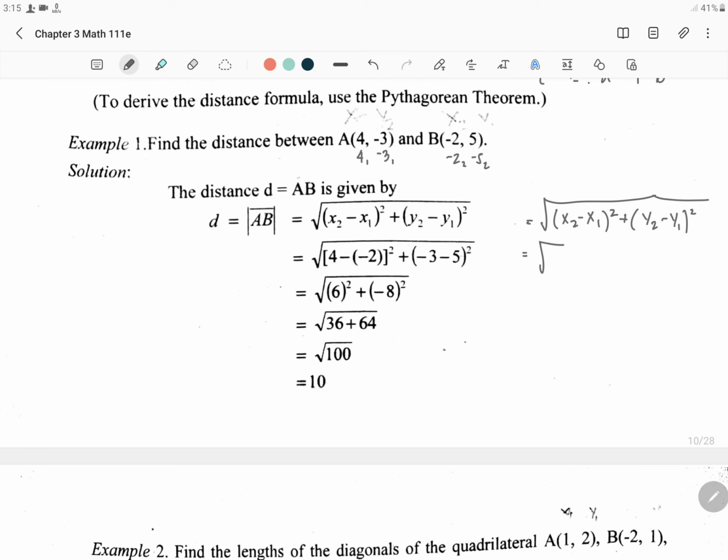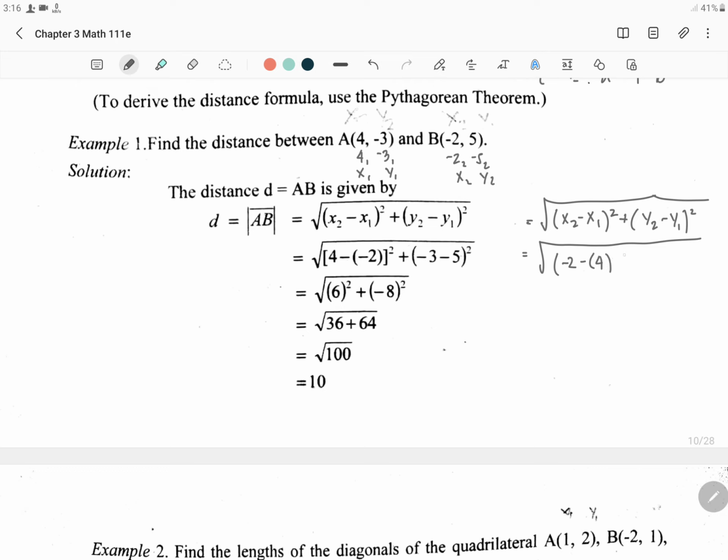Now, input ko yung x sub 2 ko. This is my x sub 2, y sub 2, x sub 1, y sub 1. Yung x sub 2 ko is negative 2. Huwag kalimutan na may negative sign dyan. So, yung x sub 1 ko ngayon is positive 4.